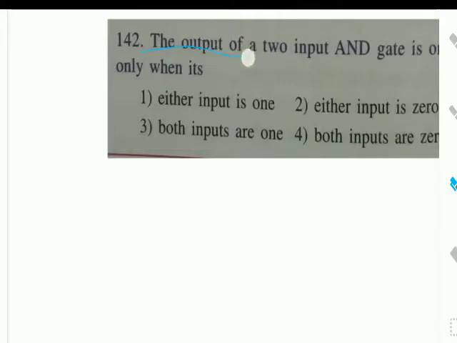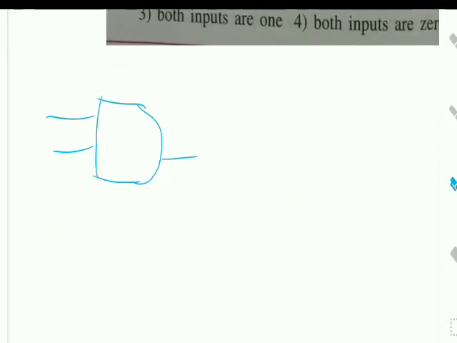The output of a two-input AND gate is on only when it's... okay. This is the AND gate symbol. The truth table of the AND gate: A, B, Y. 0 1 0 1, 0 0 1 1.